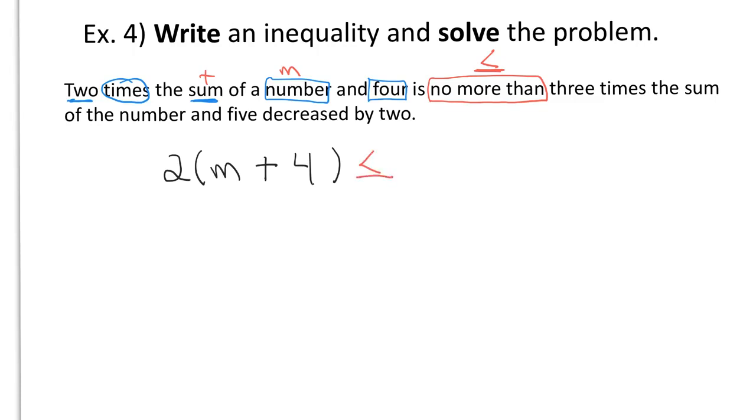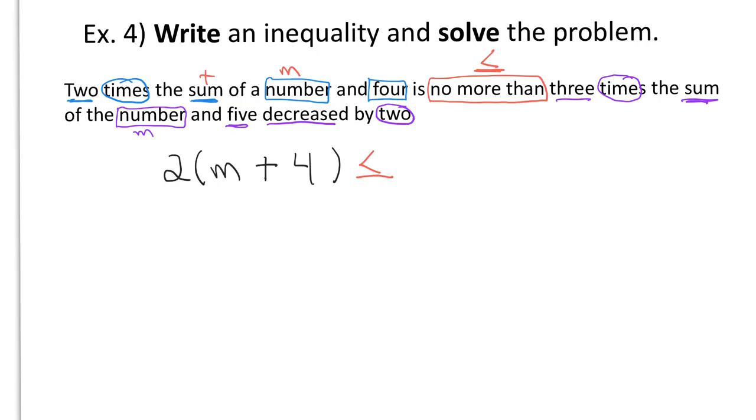And it says 3 times, so I'm going to multiply again, the sum of the number. So we know what the number is. The number is m, and 5 decreased by 2. So let's make sense of that to write down our actual problem. I am going to multiply 3 times the sum.